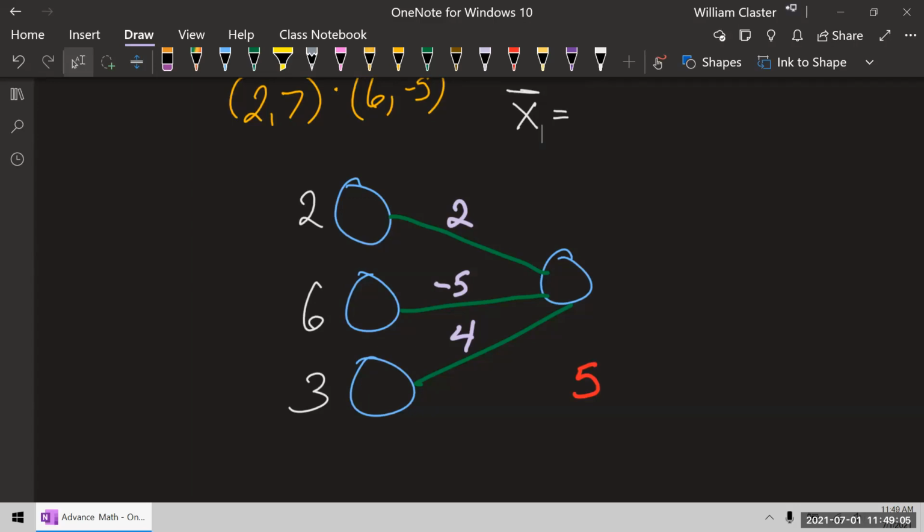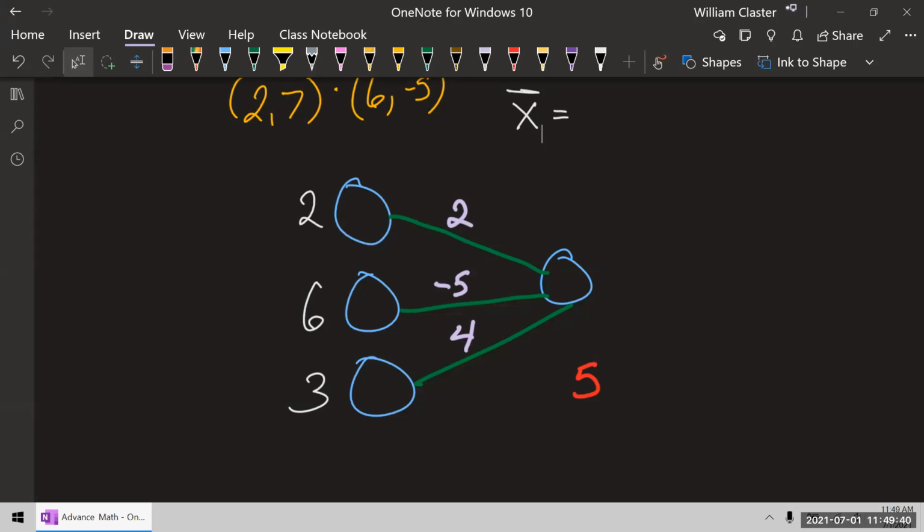Just 2 multiplied by 2, plus 6 multiplied by -5, and then 3 multiplied by 4. Okay, yeah, you're a little bit ahead of me though. I just want to know what the x vector is. Oh, x vector. The x vector. You're right. That's the calculation we want to do, but I want to take a step before that first.